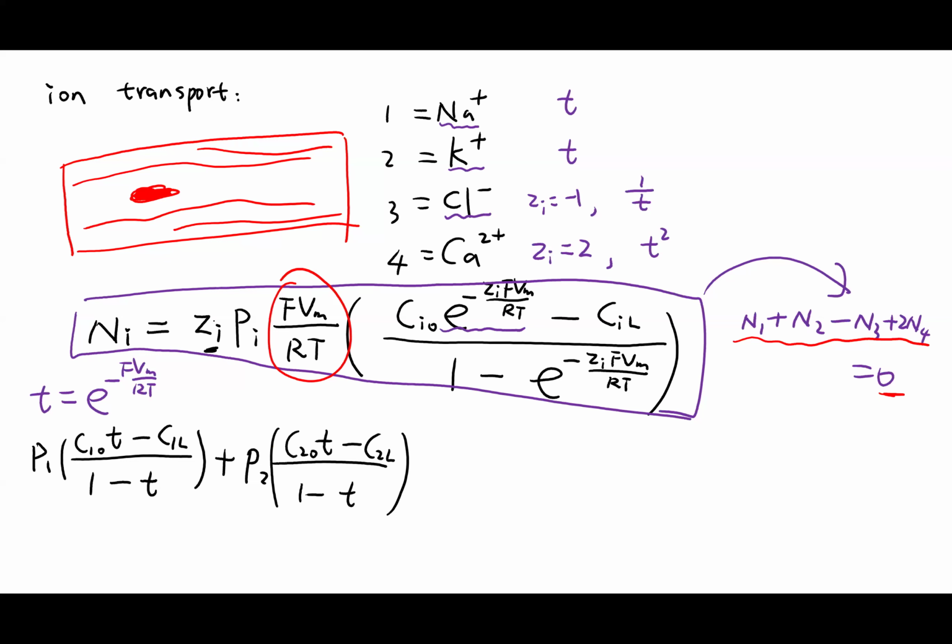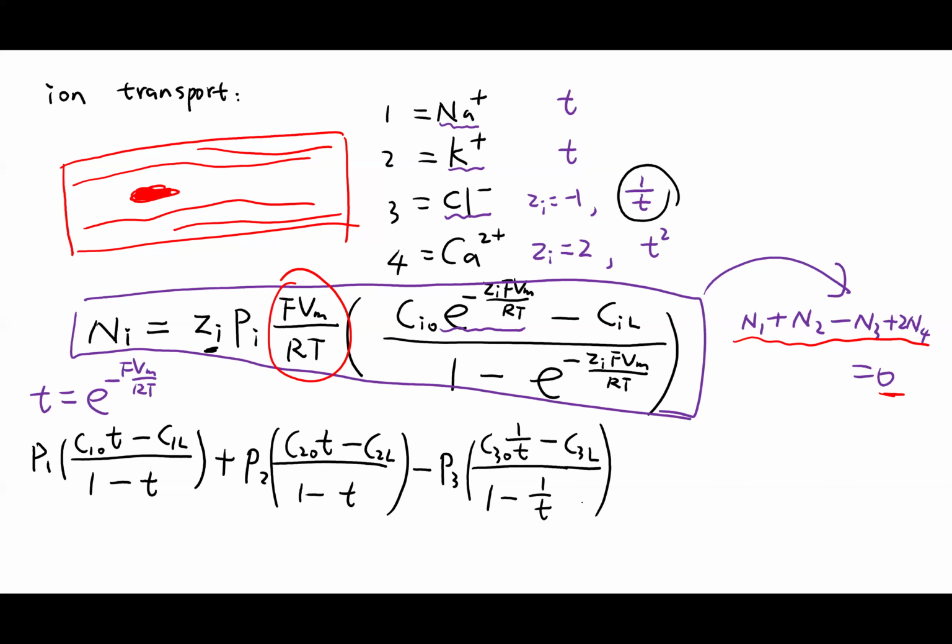Now the Zi is -1, so you should minus P3, and be careful here, now T becomes 1 over T. So this one is 1 over T, and then you have C3 naught 1 over T minus C3L, okay?